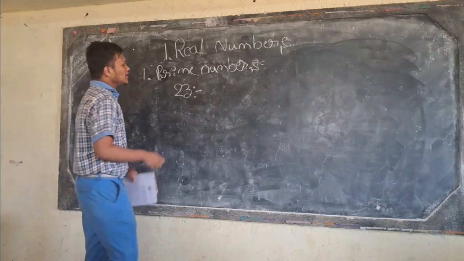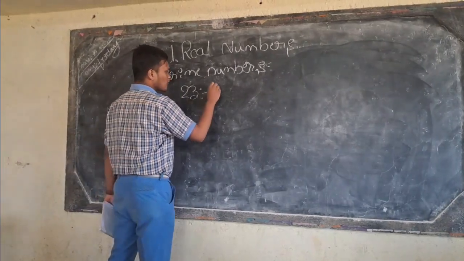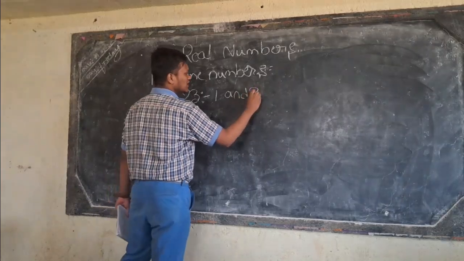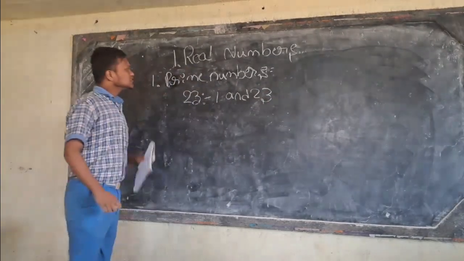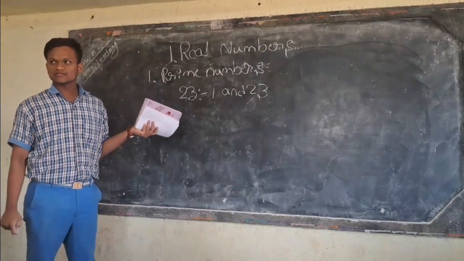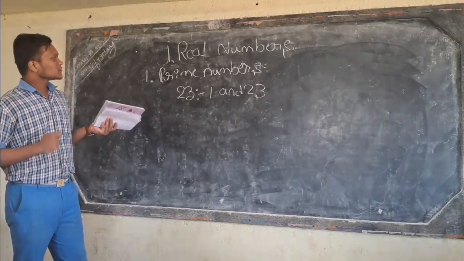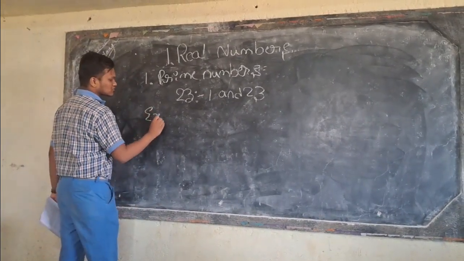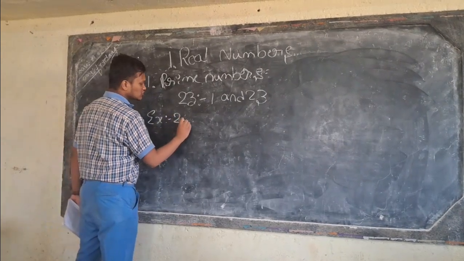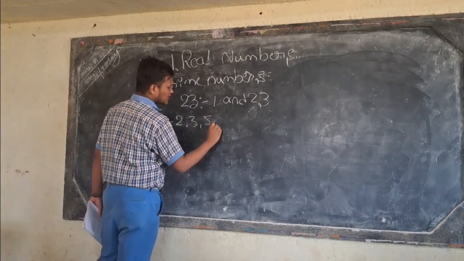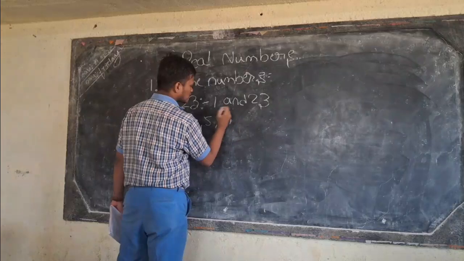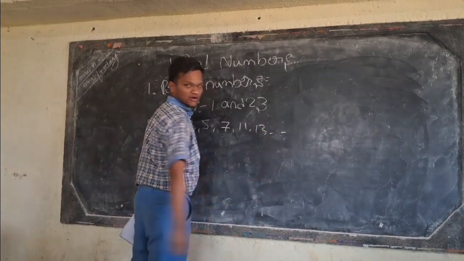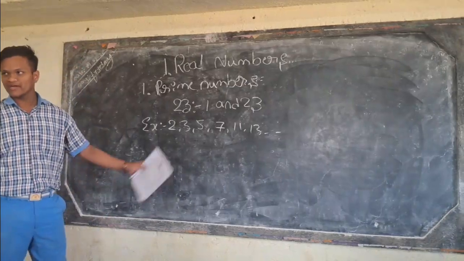Because it has factors of 1 and itself, which is 23 only. Hence it is known as a prime number. Examples of prime numbers are 2, 3, 5, 7, 11, 13, and so on, up to infinity.